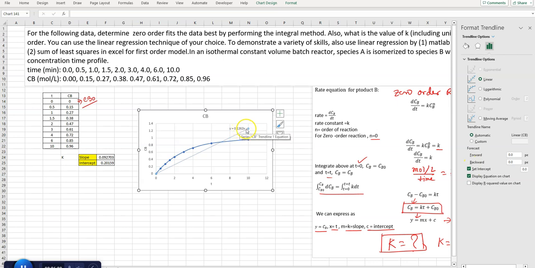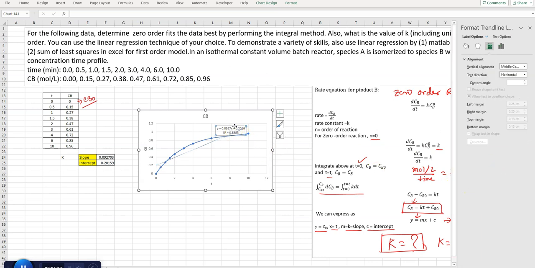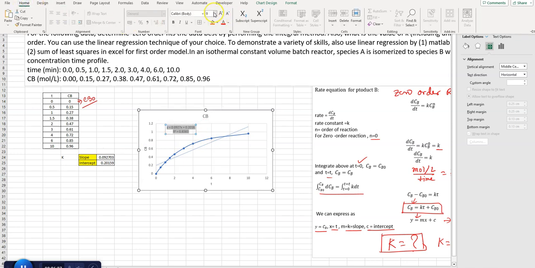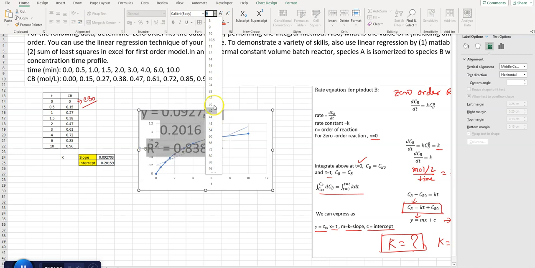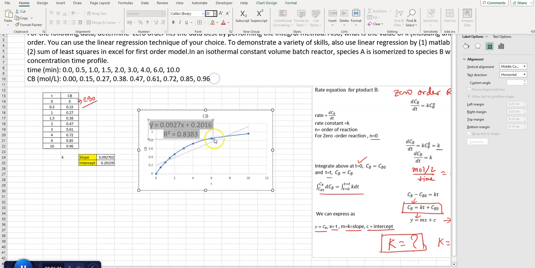Now if you do that and display R, you will get a similar slope and intercept. Home, increase the size. This is the equation.